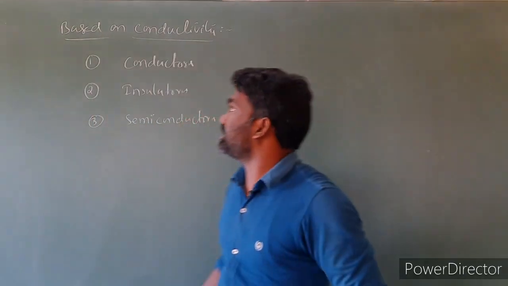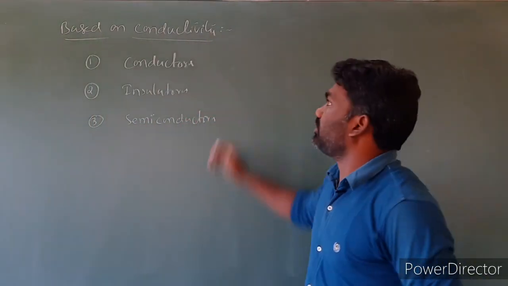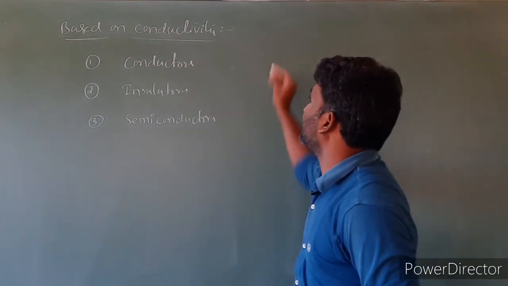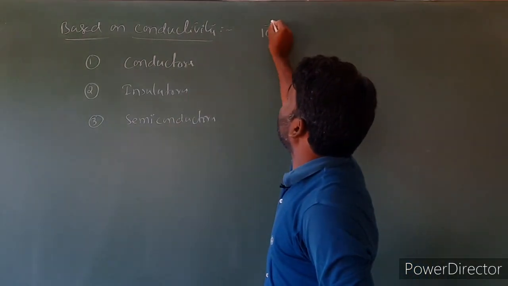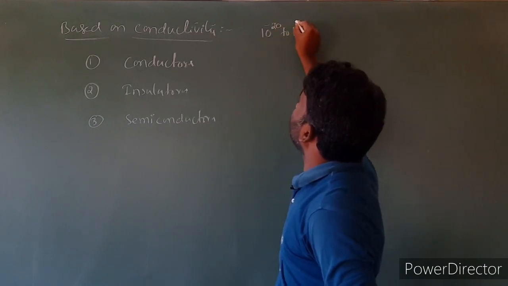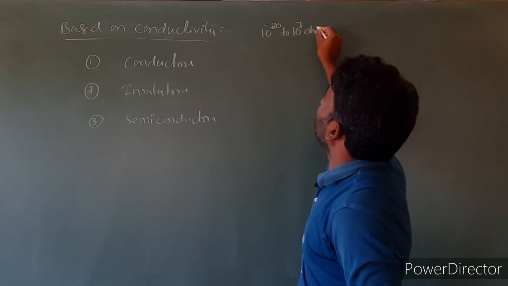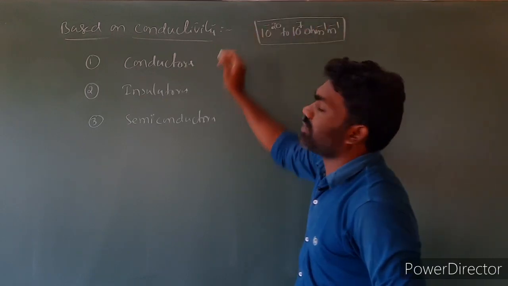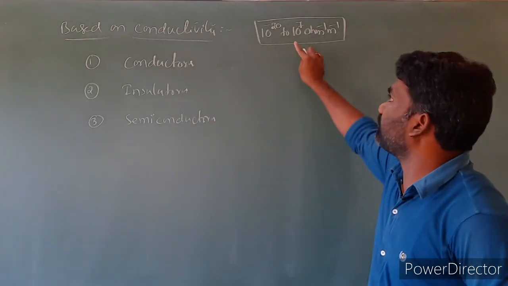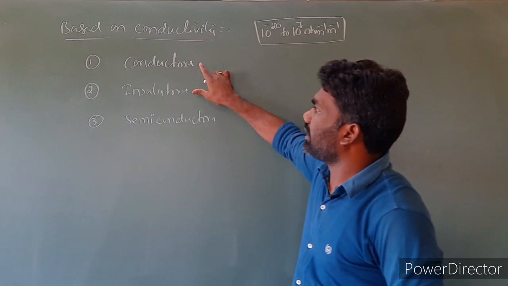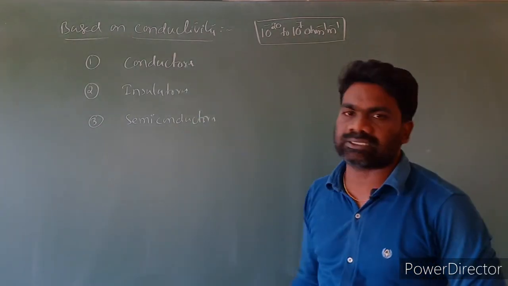This classification is based on the magnitude of the conductivity range, which is from 10 power minus 20 to 10 power 7 ohm inverse meter inverse. So based on the magnitude of conductivity, solids are classified into conductors, insulators, and semiconductors.